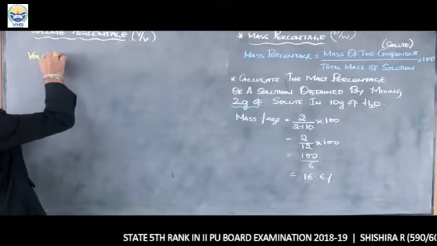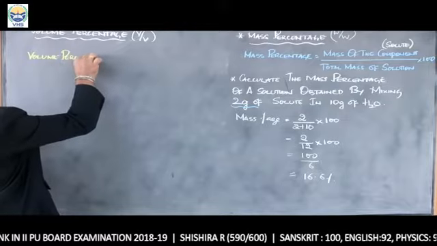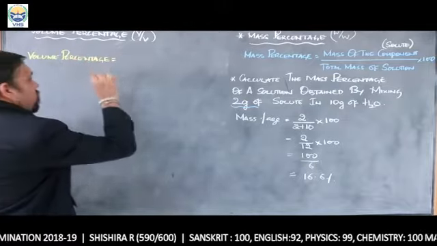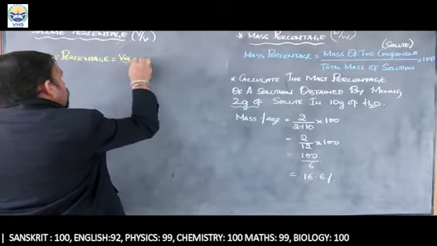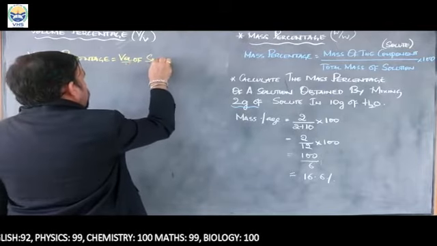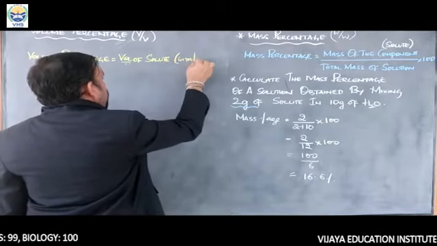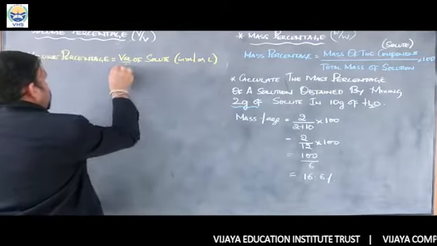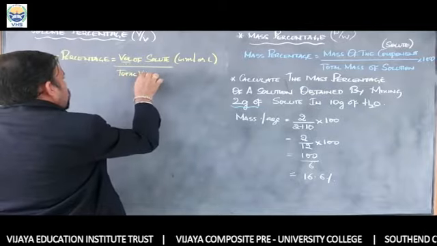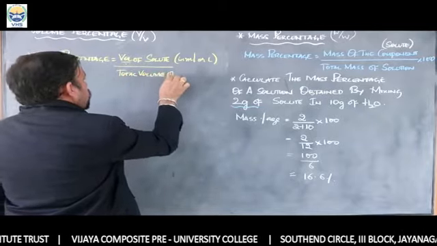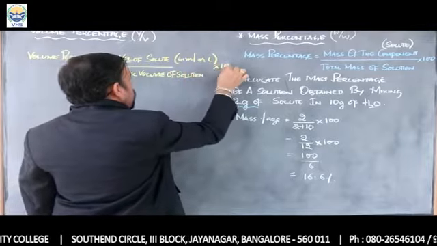So, volume percentage is equal to volume of the solute. It can be in ml or liter, divided by total volume of solution, into 100.